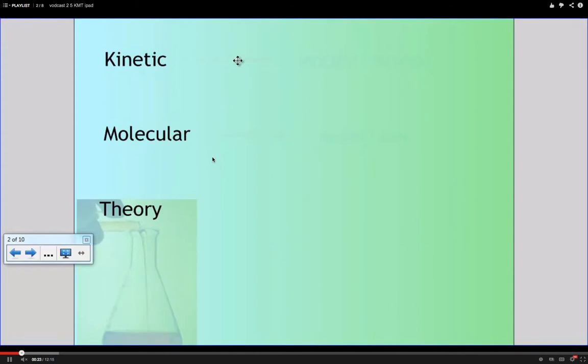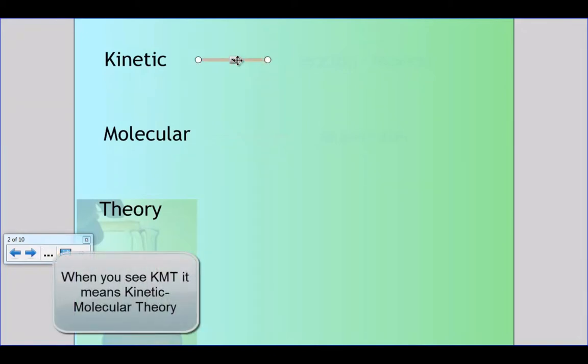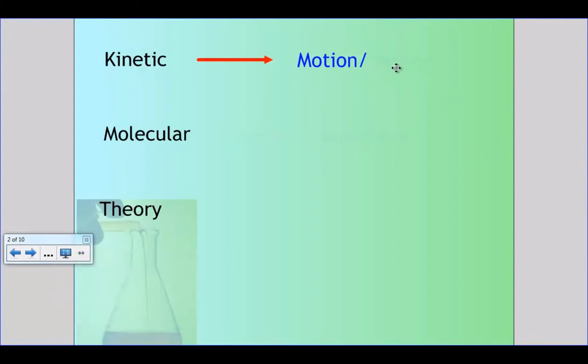First of all, and you probably remember this from middle school, when you see KMT, it just means kinetic molecular theory. Kinetic is mostly just motion. At the molecular level, whenever you see this word, it just means in the word molecules.